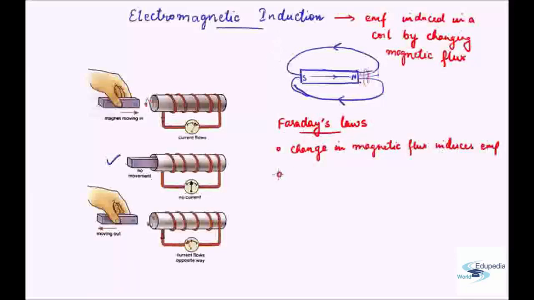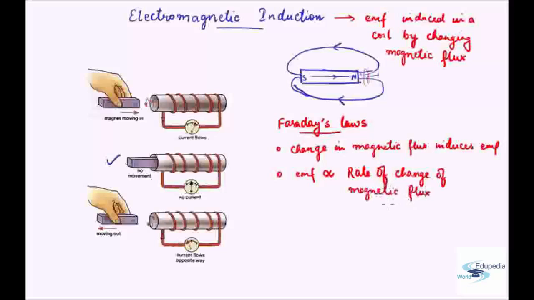Second, the magnitude of the EMF produced will be directly proportional to the rate of change of magnetic flux. So the EMF produced is proportional to the rate of change of magnetic flux.